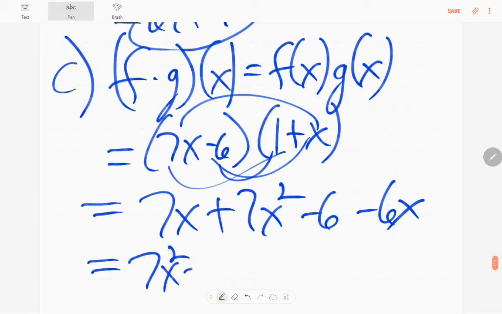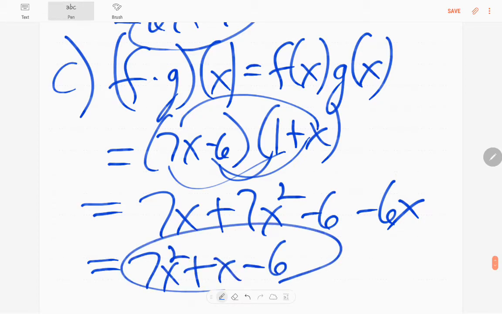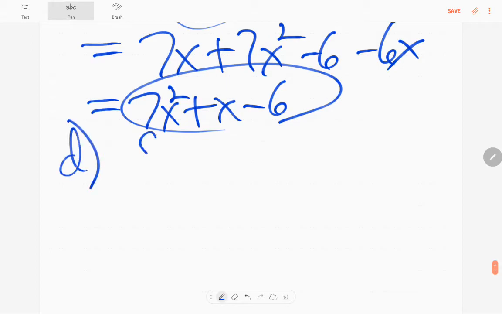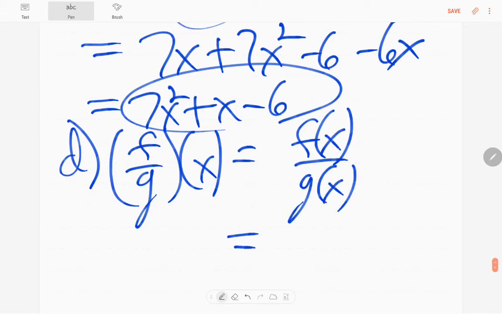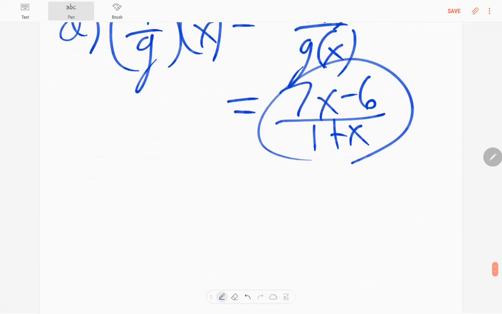So combine terms, and I think you get this. And the last is f over g of x, which is defined to be f of x divided by g of x. And I can't really do anything to simplify that one. That's the answer.